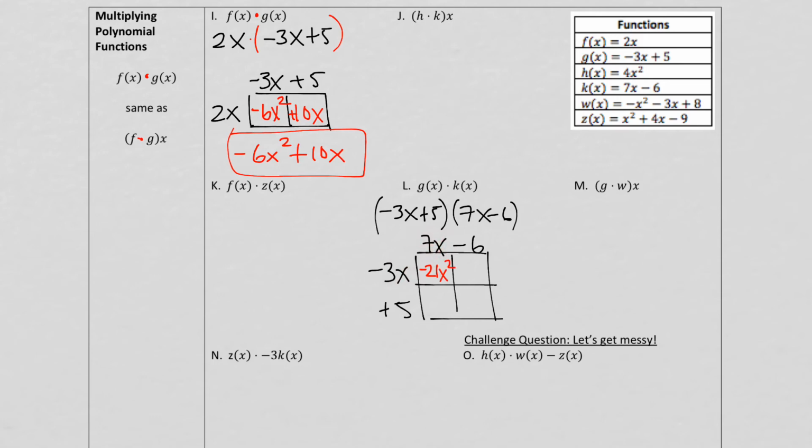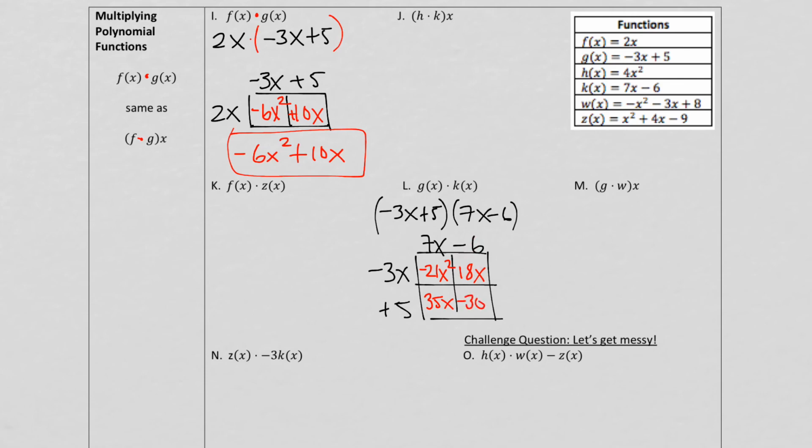As I continue, minus 3x times minus 6, so a minus 3 times a minus 6 is going to be a plus 18, so it's plus 18, and there's still an x on that term, because there's an x here. To fill in this blank, it's going to be 5 times 7x. Well, 5 times 7x is 35x. And then to finish, to fill in this little box, it's going to be 5 times negative 6. 5 times negative 6 is negative 30.